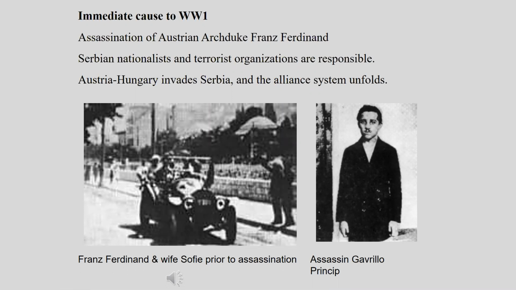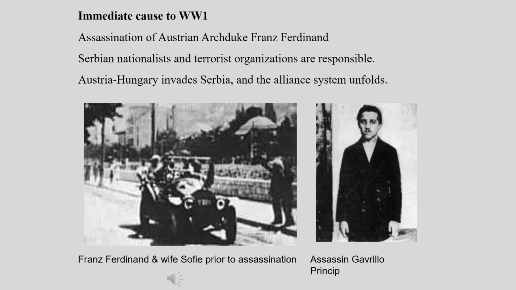Franz Ferdinand was to replace the aging 83-year-old Austrian-Hungarian Emperor Francis Joseph, who had been in power in Austria since he was 18 years old in 1848. Franz hoped to secure the Balkan region, including Bosnia and Serbia, under Austrian-Hungarian rule.